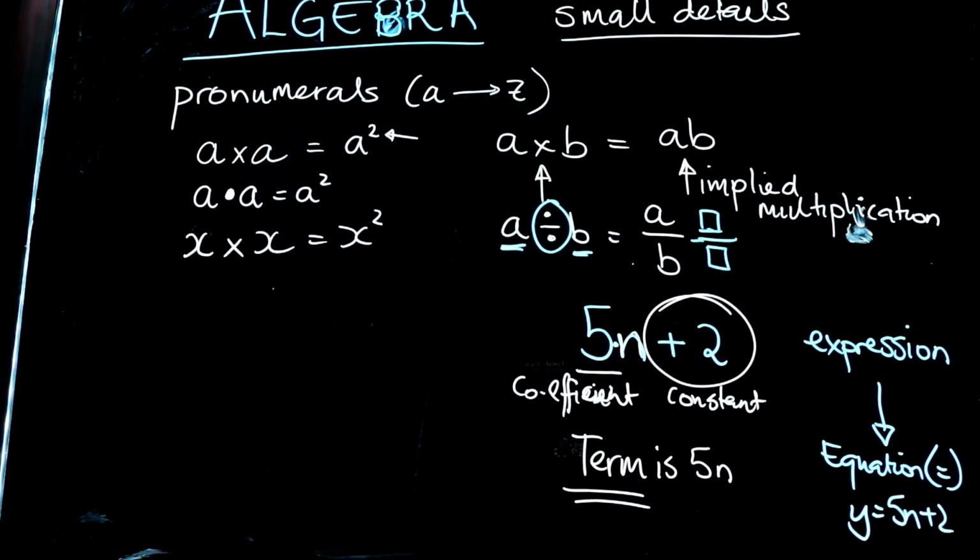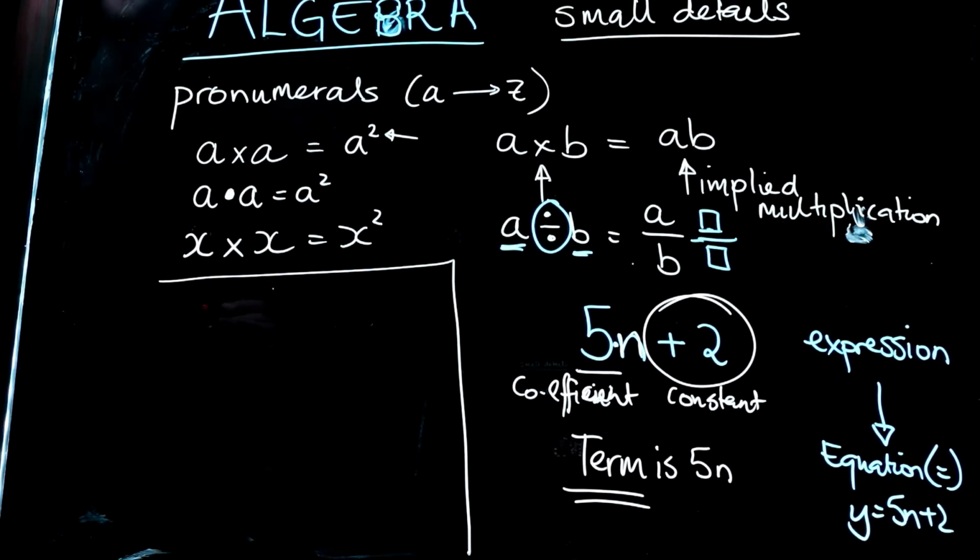Okay, so finally, while we're here, I think it's a really good idea. I'm going to use this little bit of space over here. It's a really good idea to remember these words. Sum of, meaning we add things together.